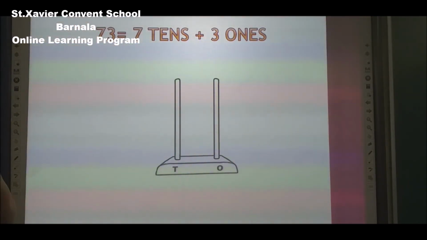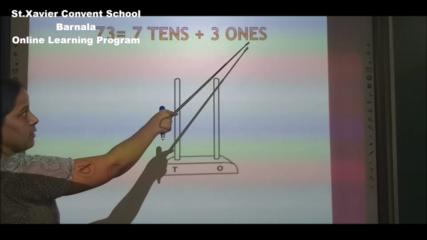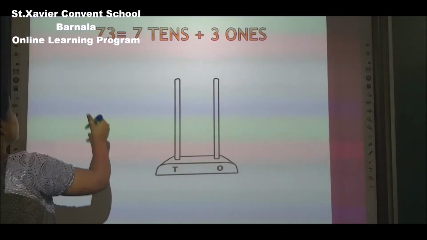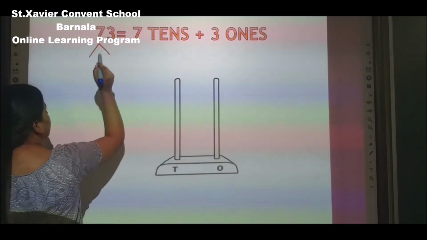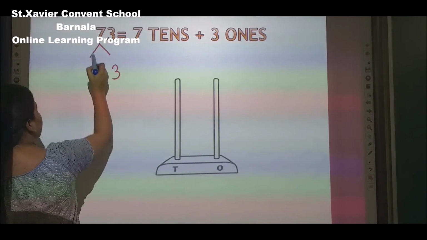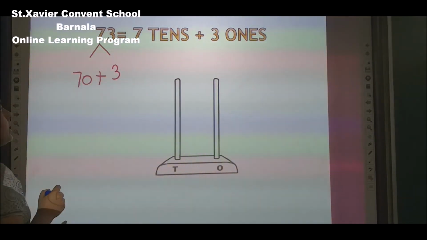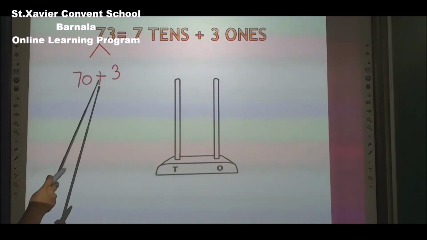The next example is 73 is equal to 7 tens and 3 ones. 73 breaks down into 70 plus 3.